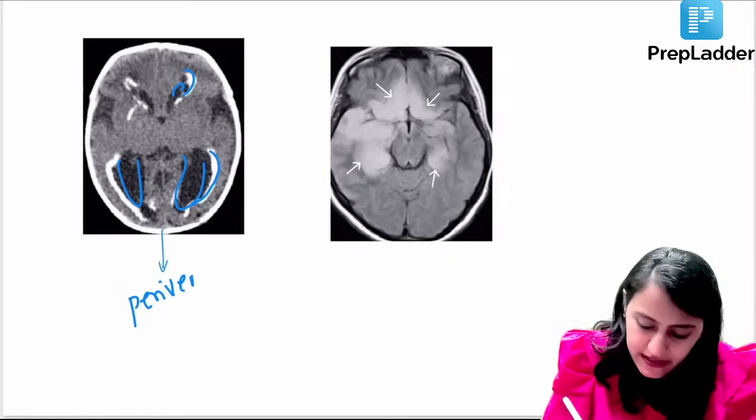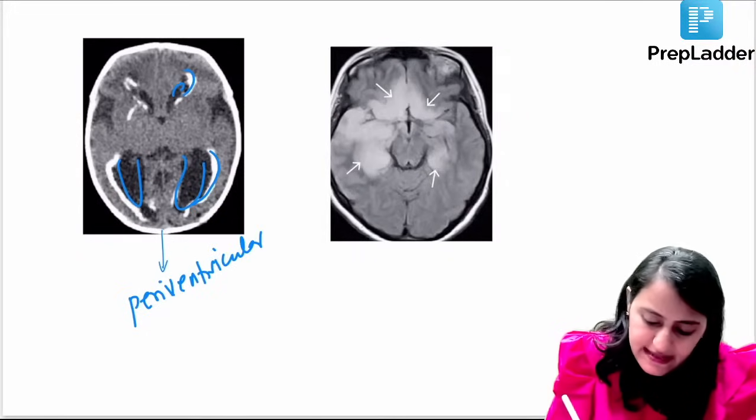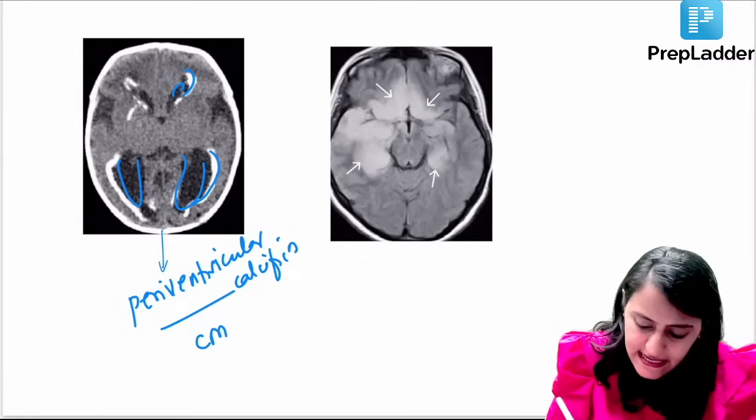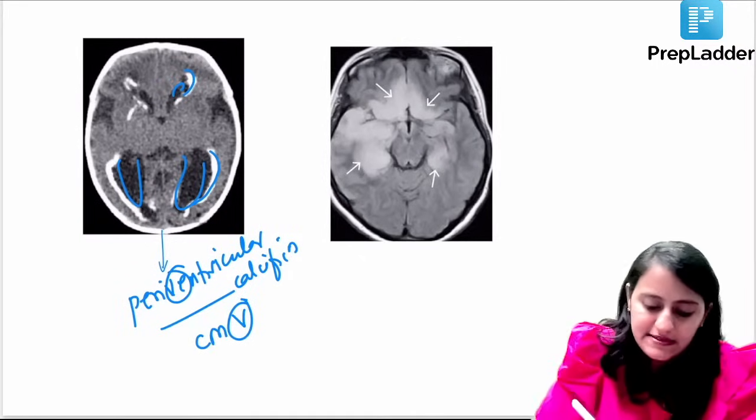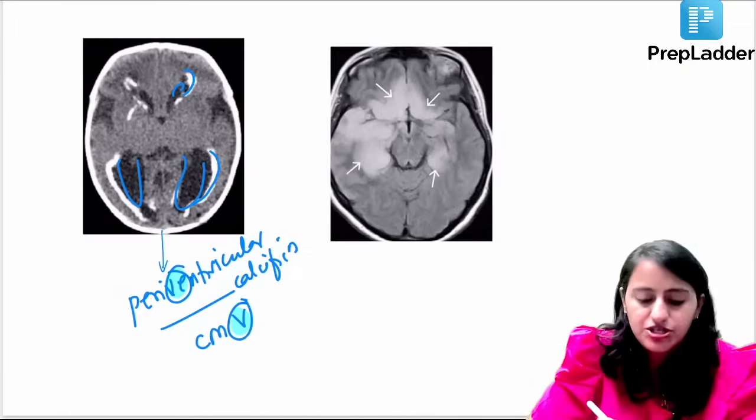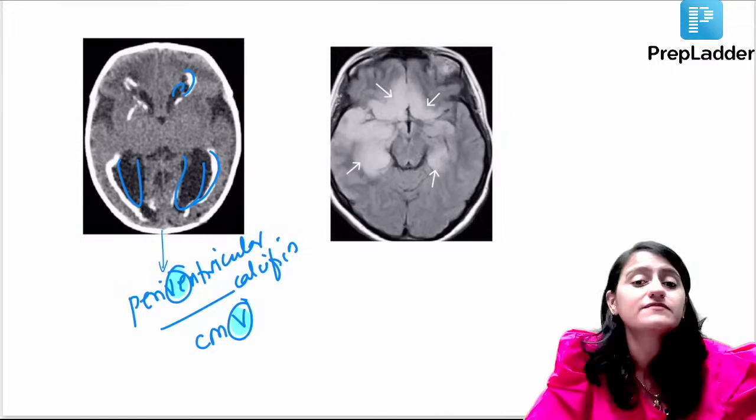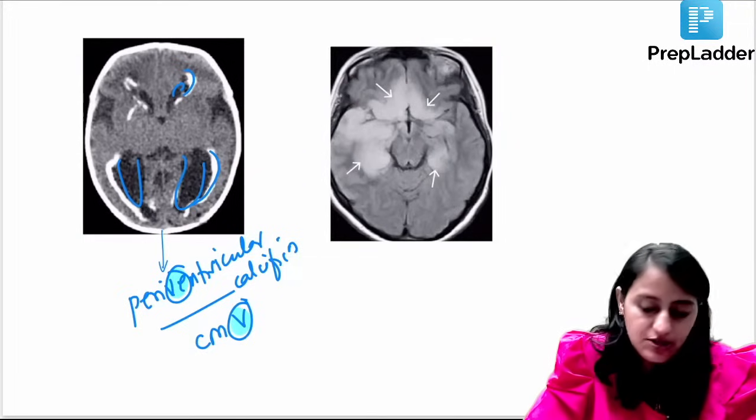Very important. Periventricular calcification. Periventricular calcification is CMV. Remember, virus has ventricular calcification. CMV is what gives this periventricular calcification.